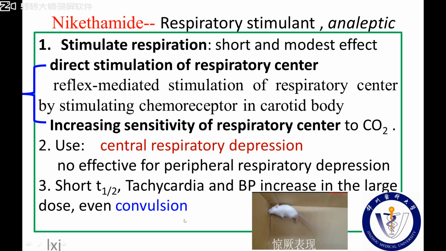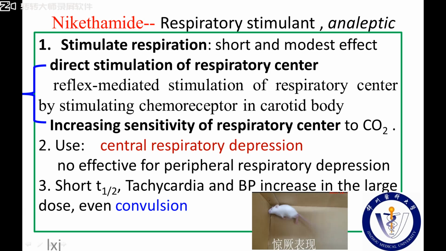Notice, actually, nicotinamide has a relatively short half-life. For humans, the half-life of nicotinamide is about 10 minutes. It's really short. But in some conditions, maybe it is necessary to administer nicotinamide several times. But pay more attention to this short half-life.